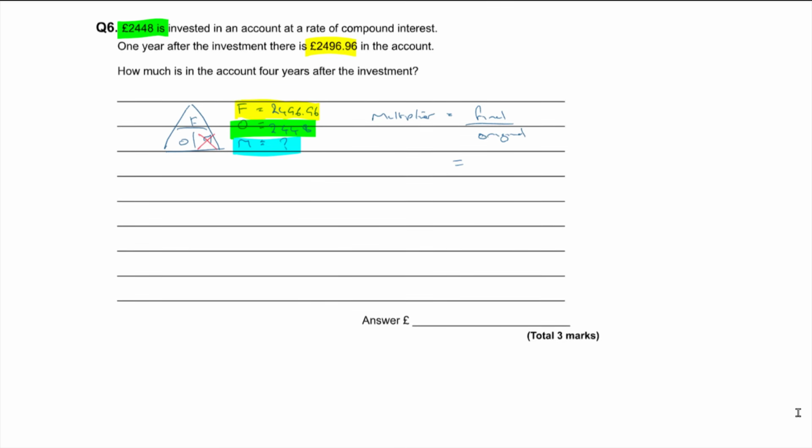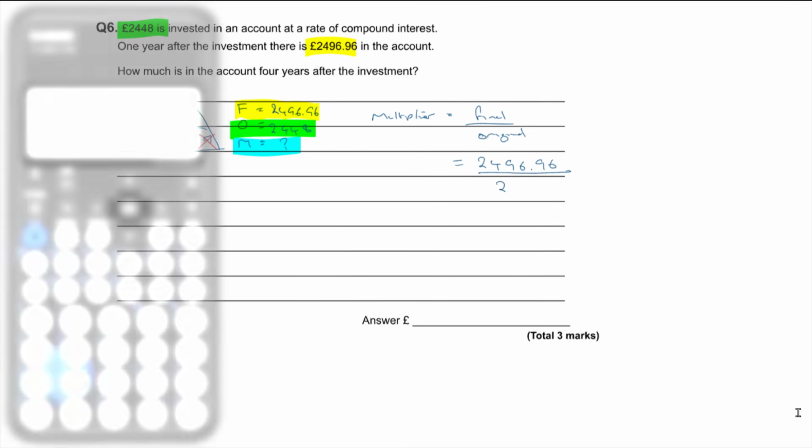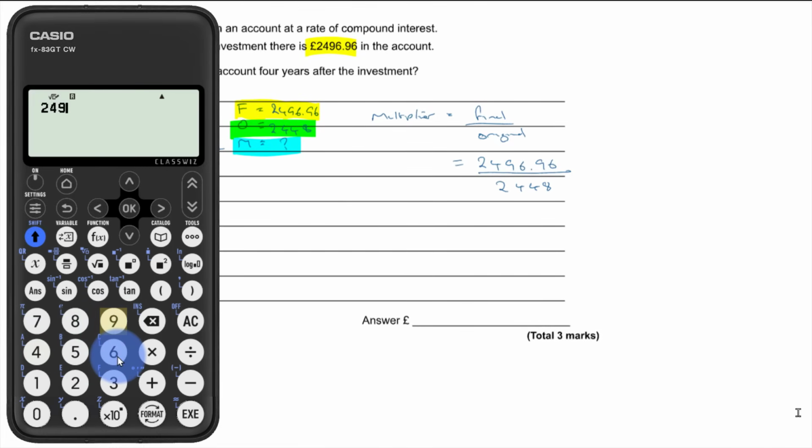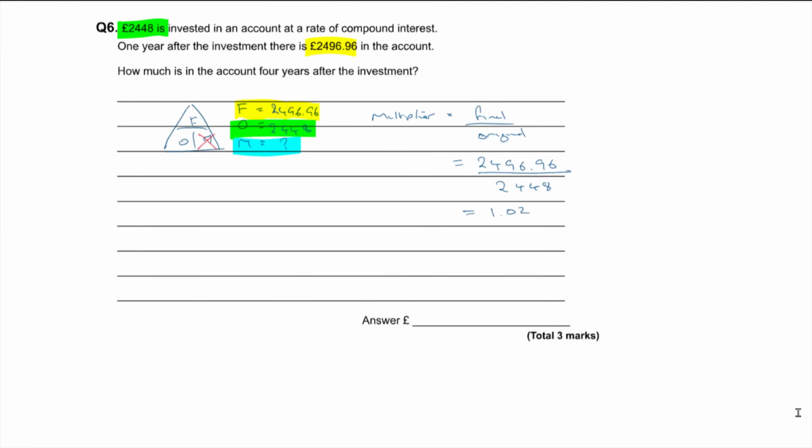In this question that is 2496.96 divided by 2448. What's that then? I make that 1.02. So that's my multiplier. It's basically a 2% increase each year, but I'm just going to use that multiplier in the next part of the question.